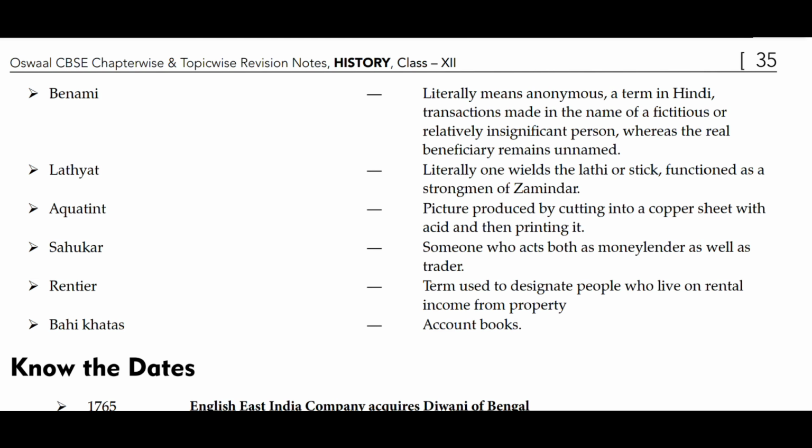Aquatint means a picture produced by cutting into a copper sheet with acid and then printing it. Sahukar means someone who acts both as a moneylender as well as a trader. Rentier is a term used to designate people who live on rental income from property. Bahi khatas means the account books.